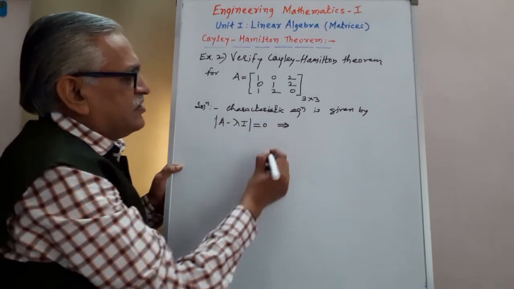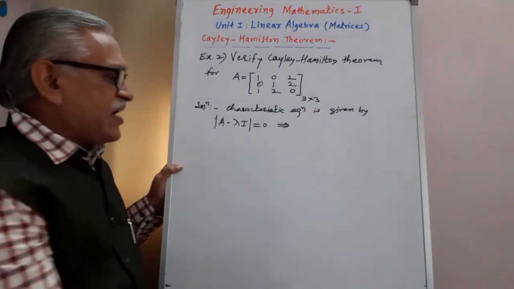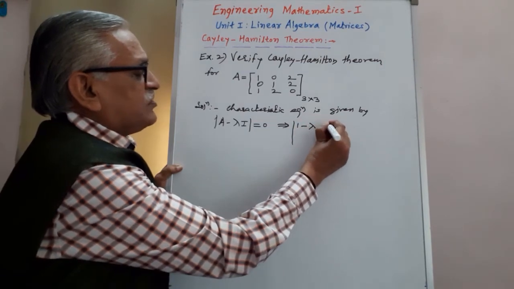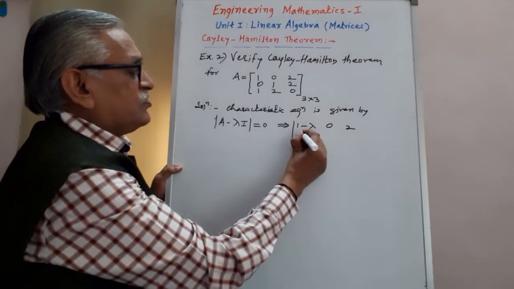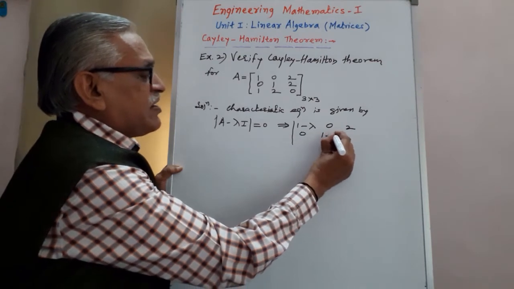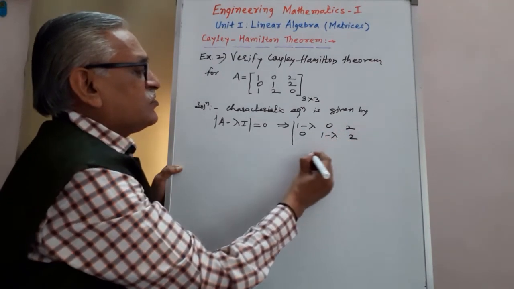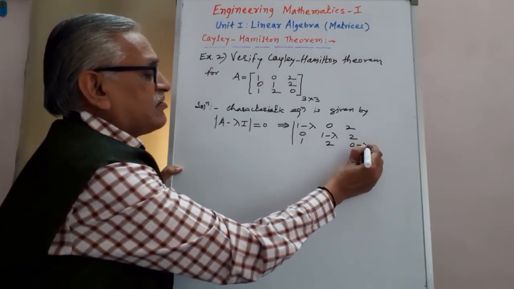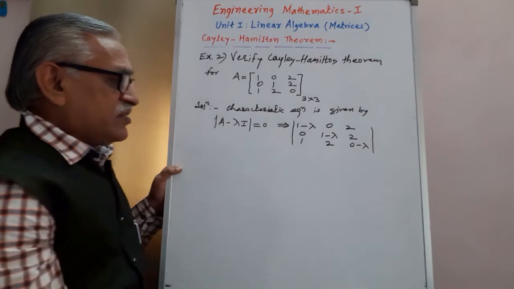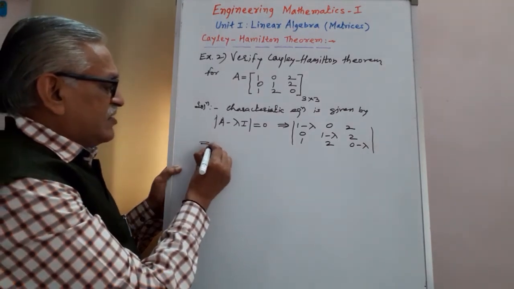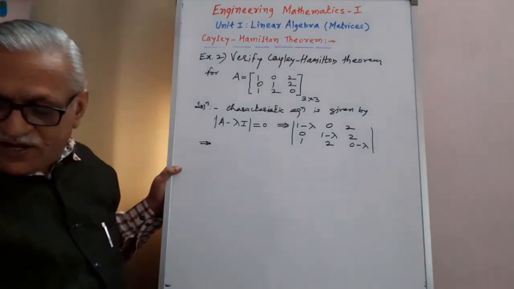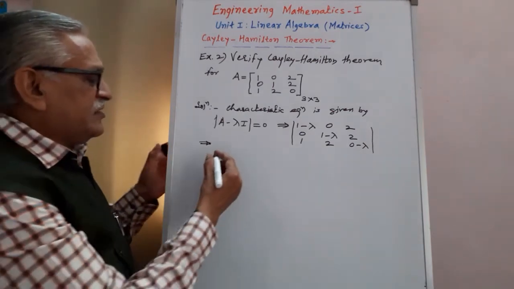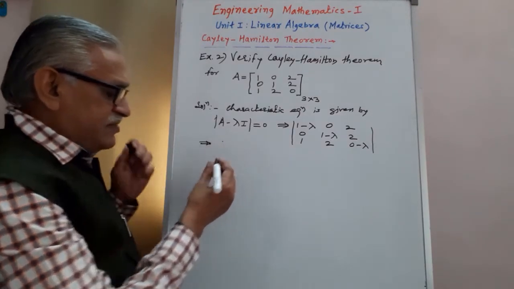It implies subtracting lambda from the principal diagonal elements, we get the determinant as [1 minus lambda, 0, 2; 0, 1 minus lambda, 2; 1, 2, 0 minus lambda]. And we find its value by the shortcut method.